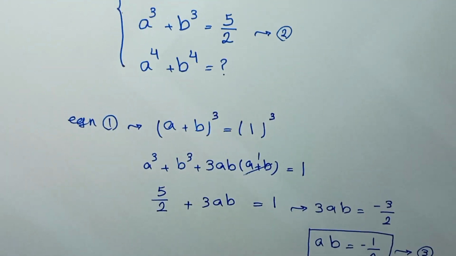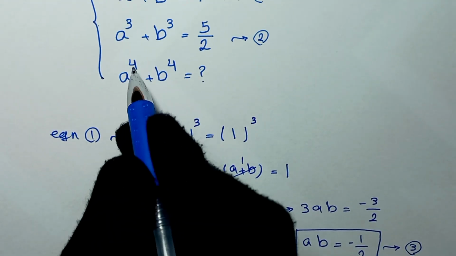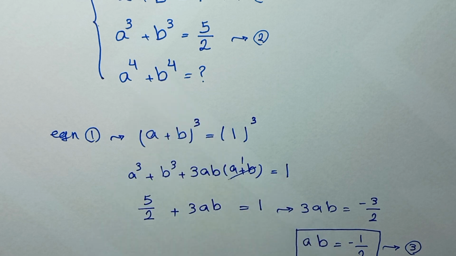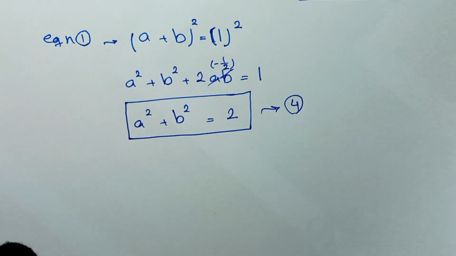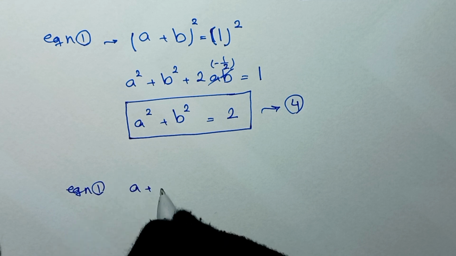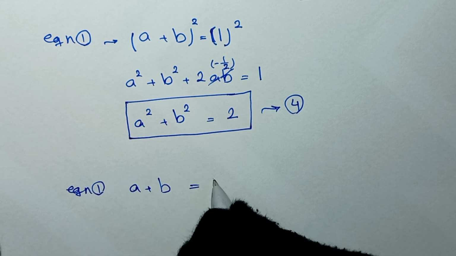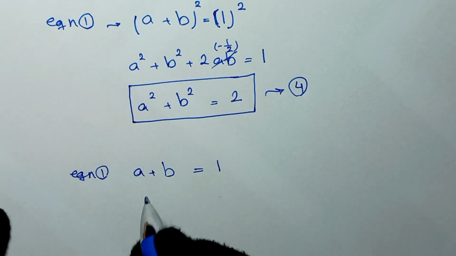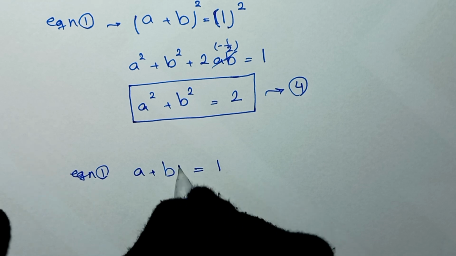Here, we want to find the value of a to the power of 4 plus b to the power of 4. So we write equation 1 again: a plus b is equal to 1. And we raise both sides of the equation to the power of 4.